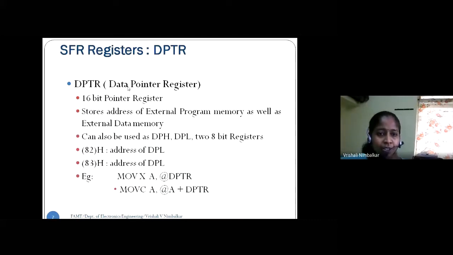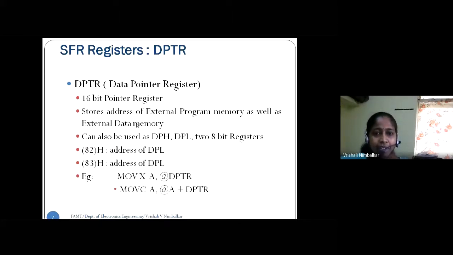The next special function register is the data pointer register, DPTR. Again, the name pointer means it is used to store some address. Which address? Either external program memory or external data memory.